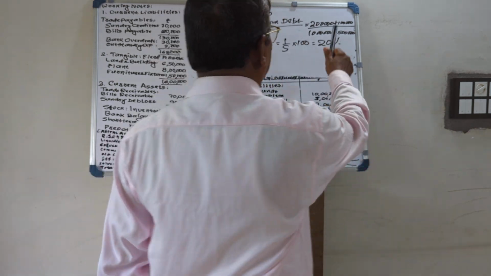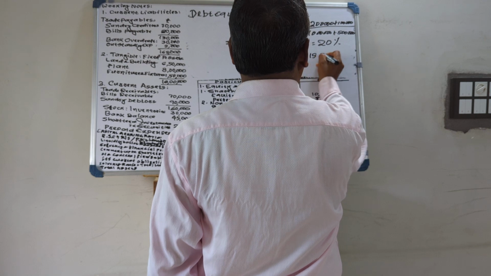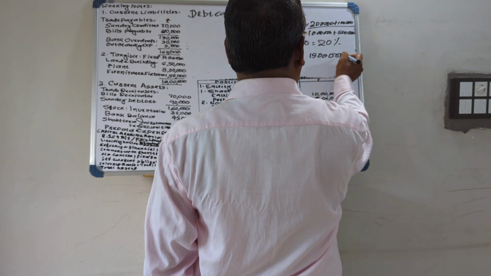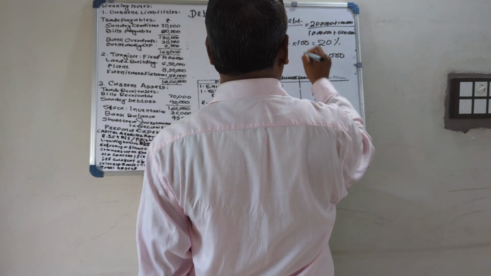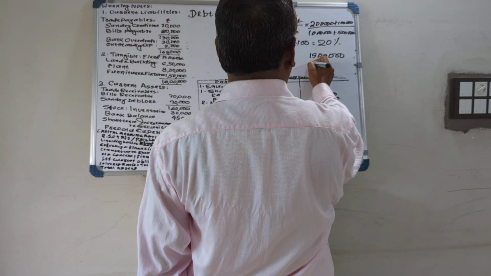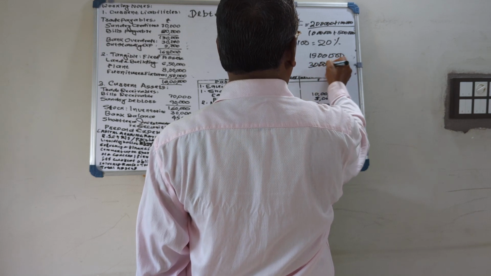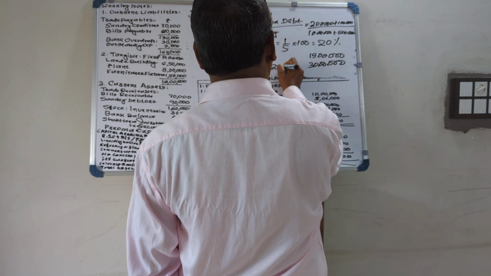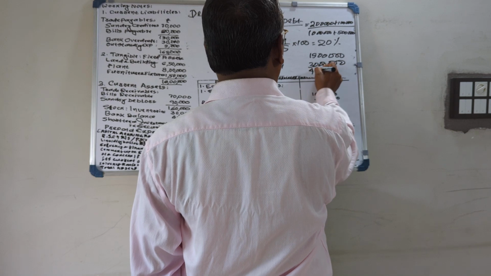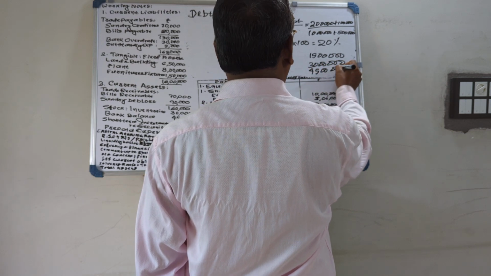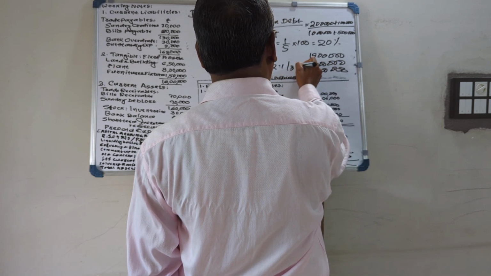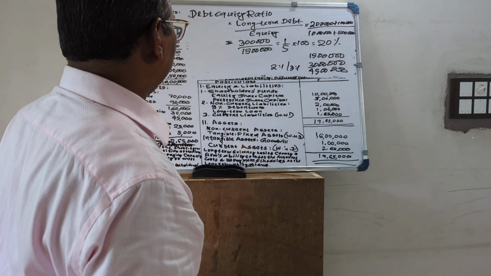That means suppose it is 15 lakh, then the firm can raise long-term debt up to the extent of 30 lakh if the ratio is 2:1, and 45 lakh if the ratio is 3:1. It depends on the different category of borrower.